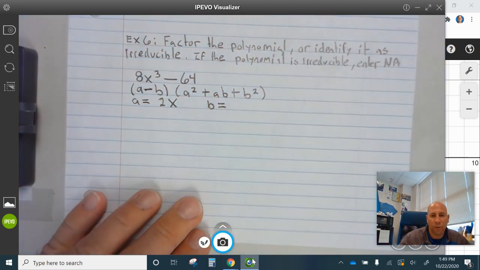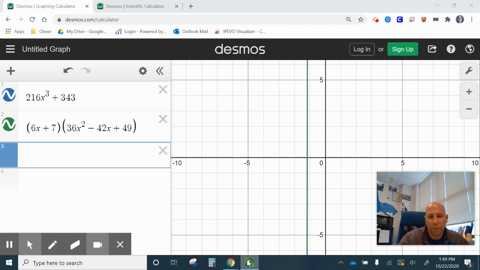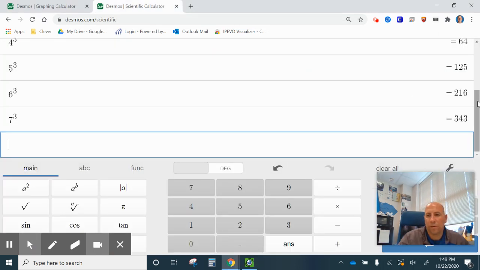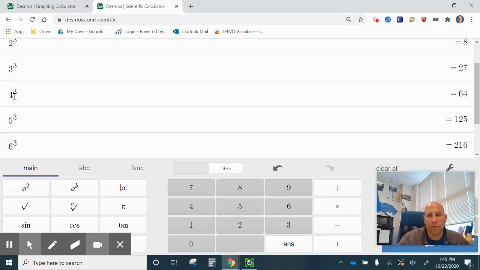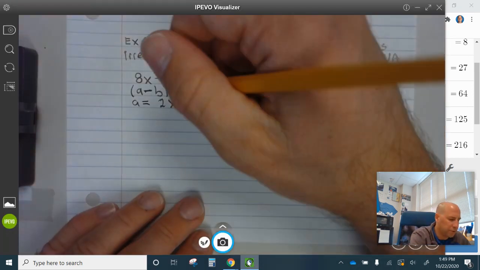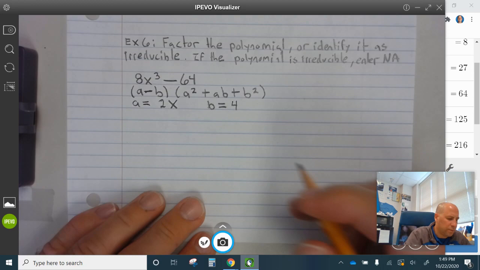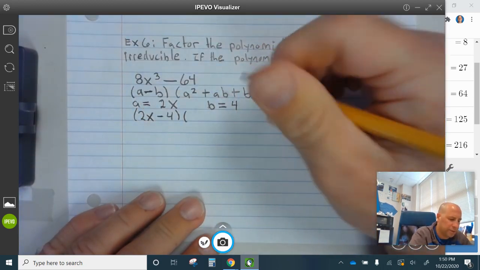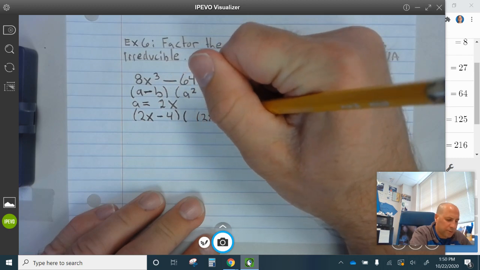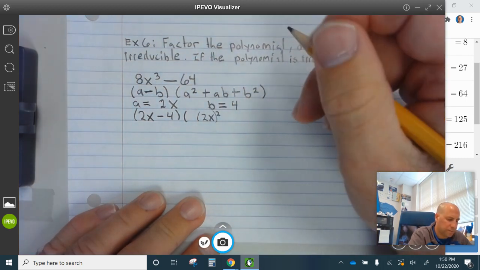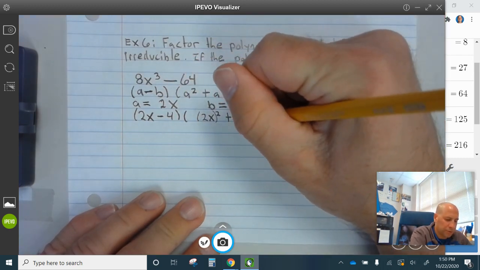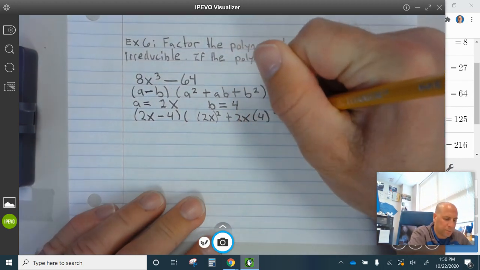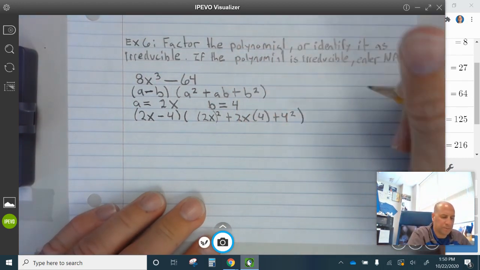We can double check our calculator. See, 64 would be 4. So B is 4. So this is 2x minus 4, parentheses 2x squared plus 2x times 4 plus 4 squared.